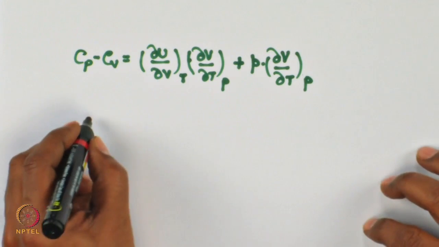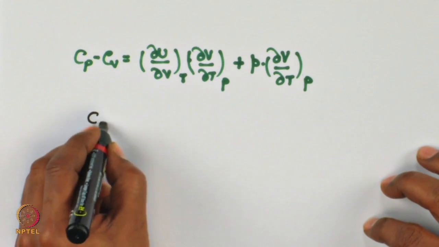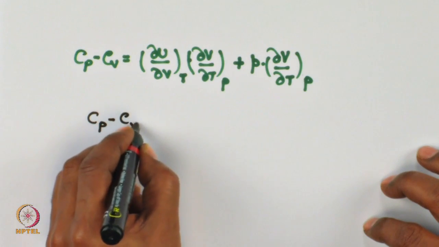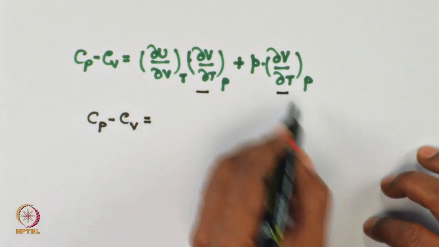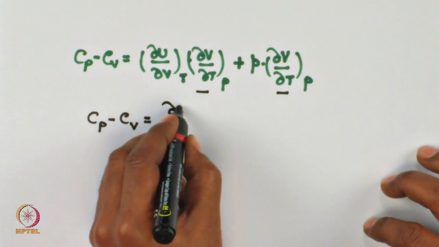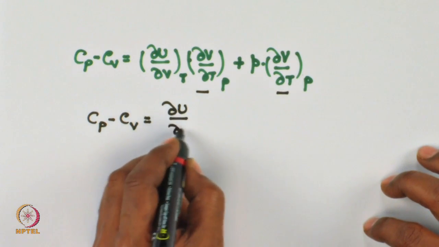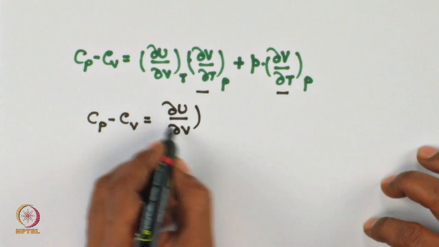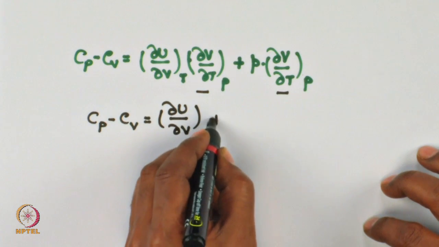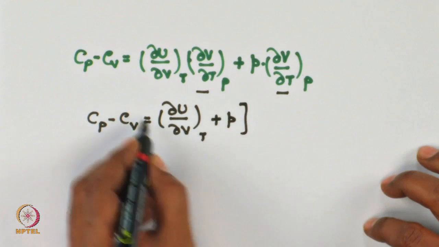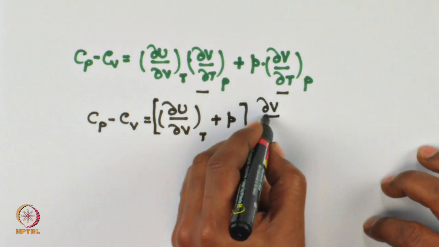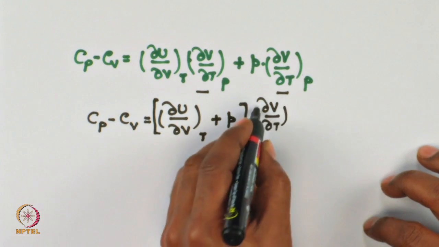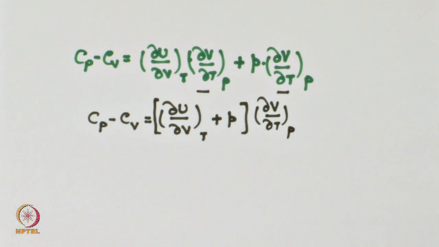So, what I have is Cp minus Cv is equal to, taking this as common, the variation of internal energy with respect to volume at constant temperature plus P, into the variation of volume with temperature at constant pressure.